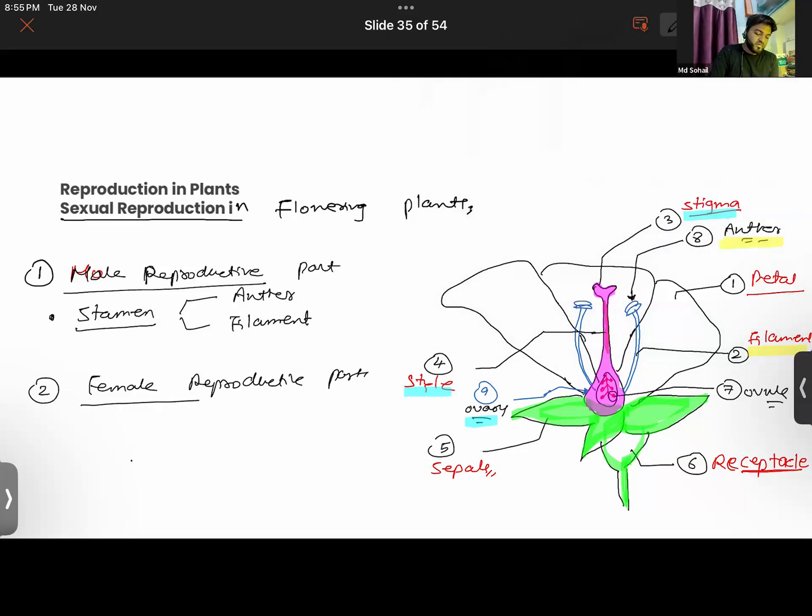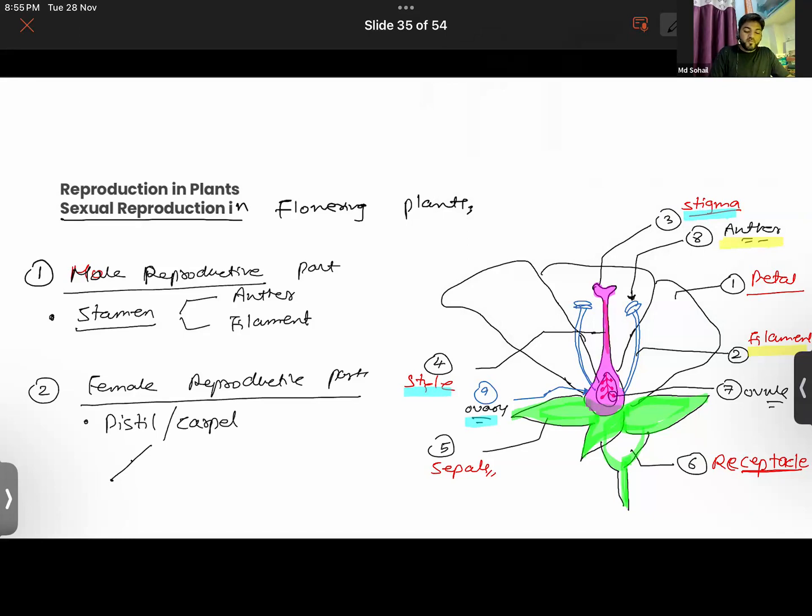So the female reproductive parts are as follows. First of all, stigma. All these three together are called the pistil. Sometimes it is also called carpel, right?